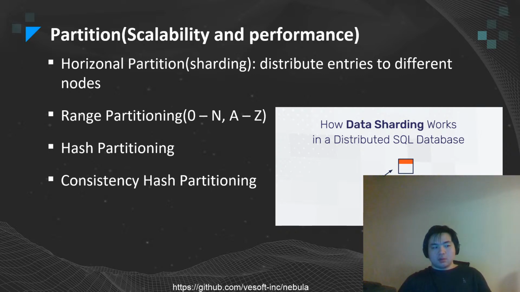When we want to design a distributed system, the first thing to consider is scalability and performance: whether we can increase performance when we add more nodes or more compute resources.